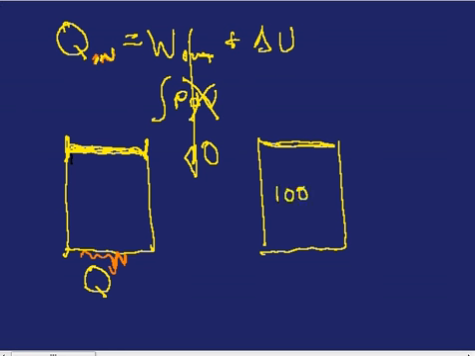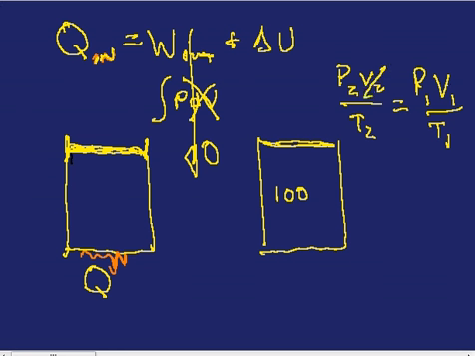Well, we know that P2 V2 over T2, solving the ideal gas equation, is equal to P1 V1 over T1 for a constant volume process. The volumes will cancel out, and then we have T2 is equal to T1 P2 over P1, and let's say P2 over P1 is equal to 2.